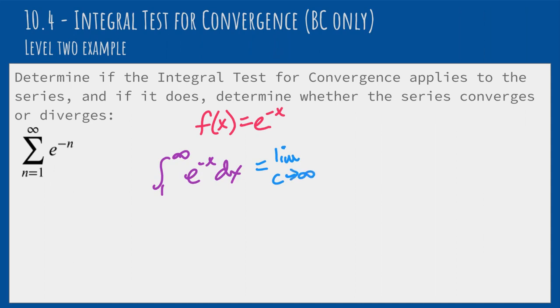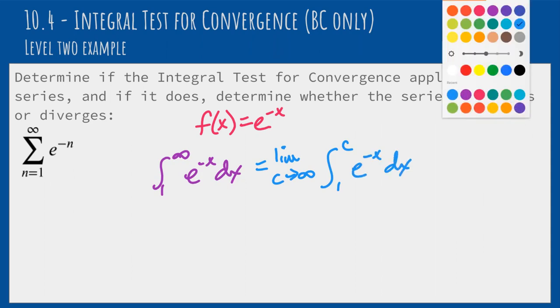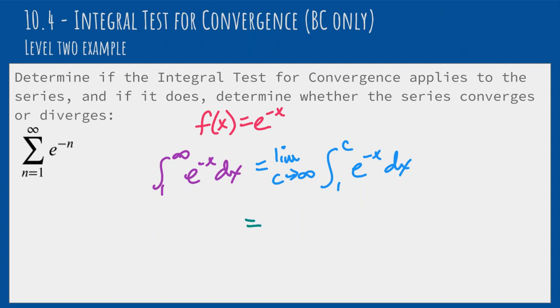So we're going to look at the limit as c approaches infinity of the integral from 1 to c of e to the negative x dx. The antiderivative of e to the negative x is going to be negative e to the negative x, and we're evaluating that, let's use brackets here, from 1 to c.